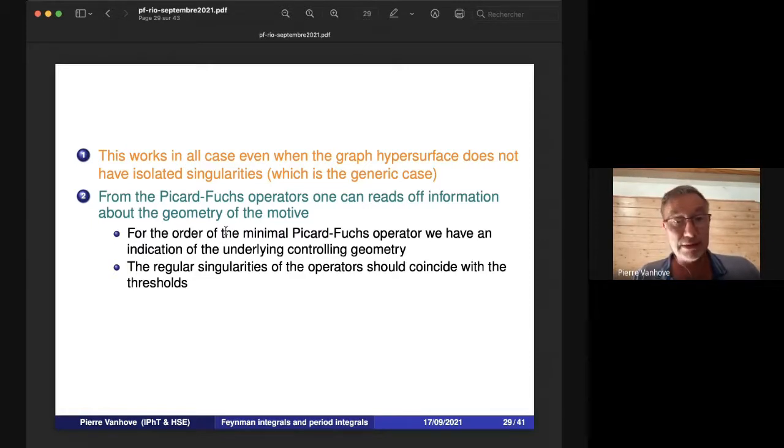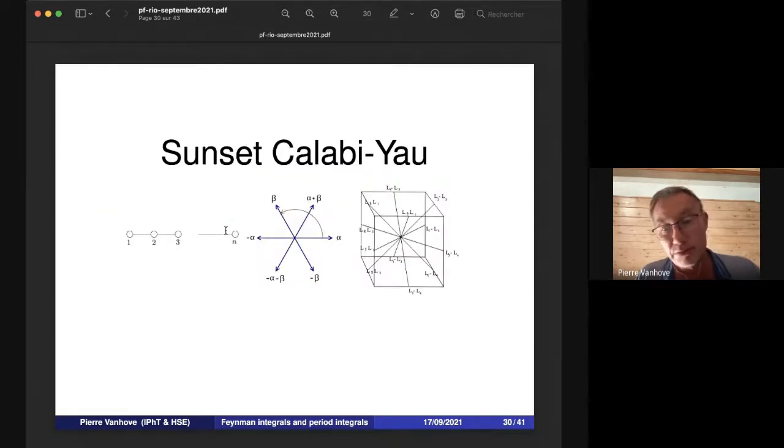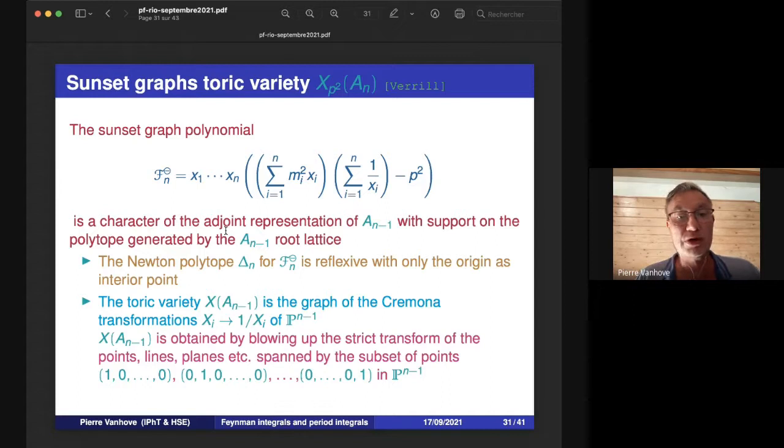Computing this minimal set is not easy. Even computing the dimension of that is a non-trivial computation. But okay, this is why it's good to have an understanding of the geometry of the Feynman integral.